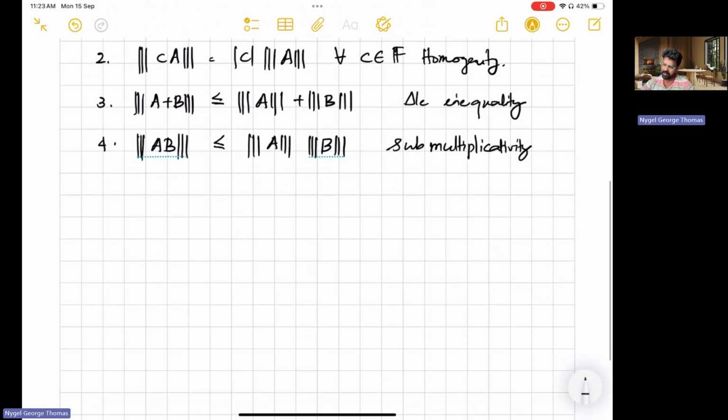If only 1 to 3 are satisfied, it is called a generalized matrix norm.